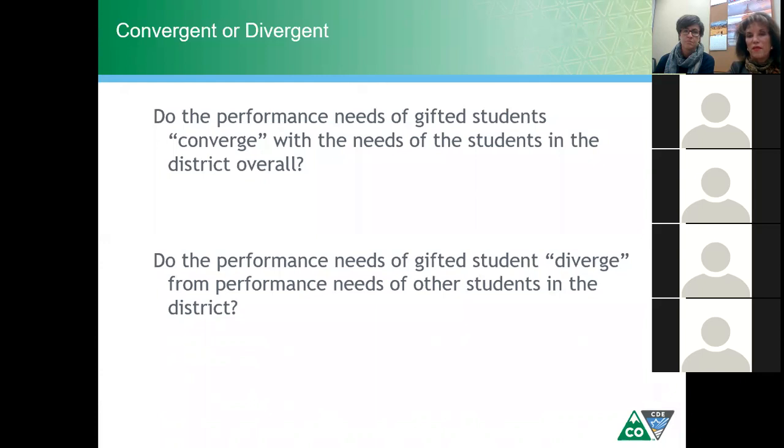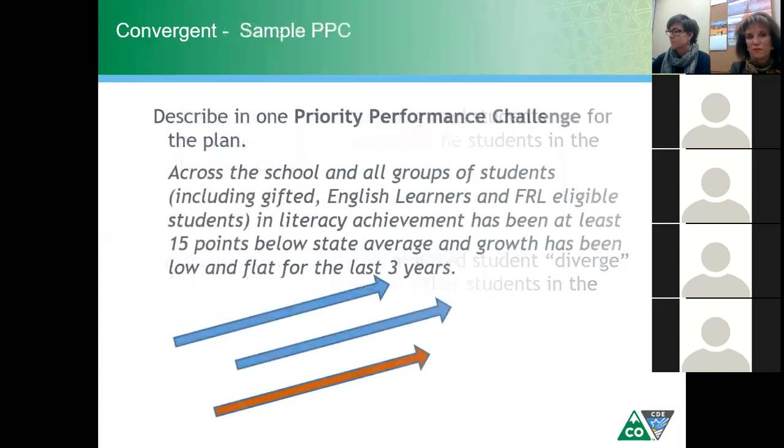It could be that gifted students have the very same challenges in the very same content area as the district. And so we say that is convergent. At other times, you will see that the students in gifted education diverge from the performance needs of the other students in the district.